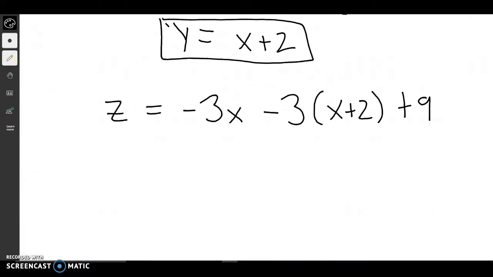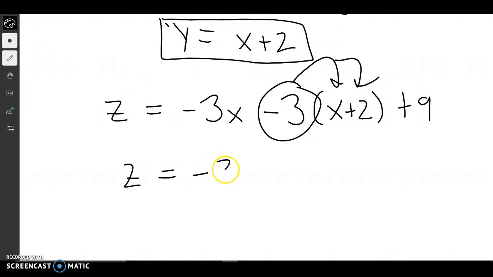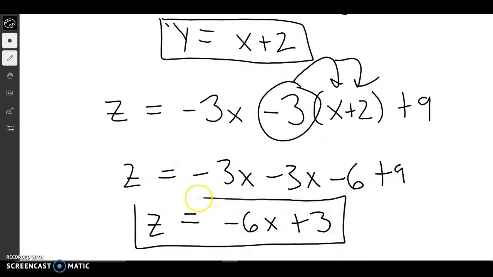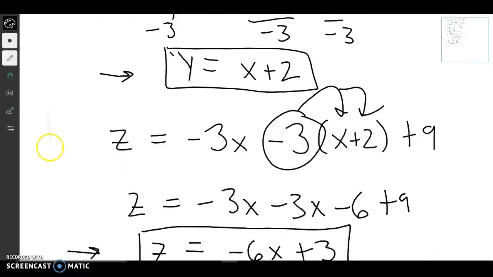Now when I solve this, distribute, z is equal to negative 3x minus 3x minus 6 plus 9, or that z is equal to negative 6x plus 3. So as you can see, I now have a y equation with only x's. I now have a z equation with only x's.